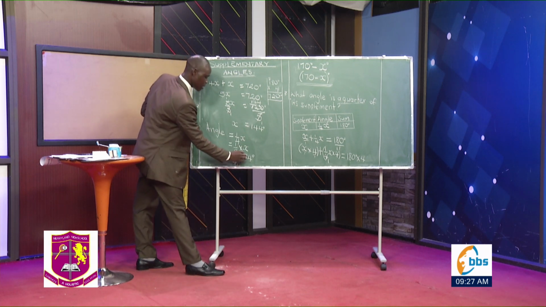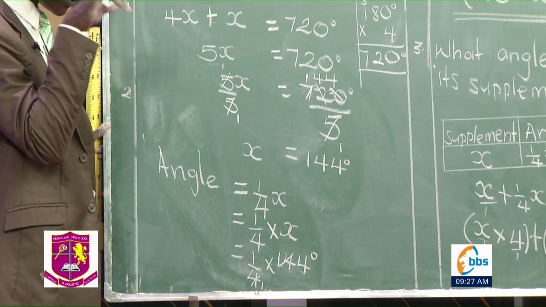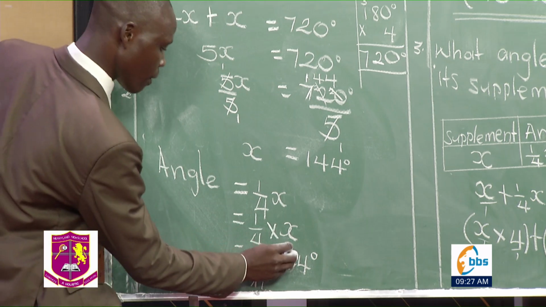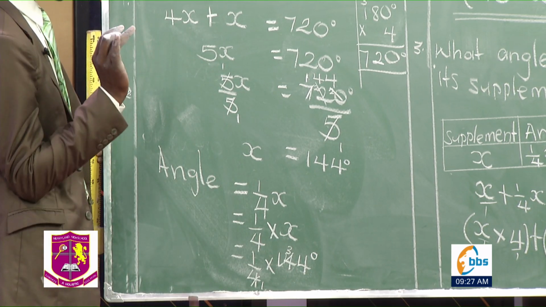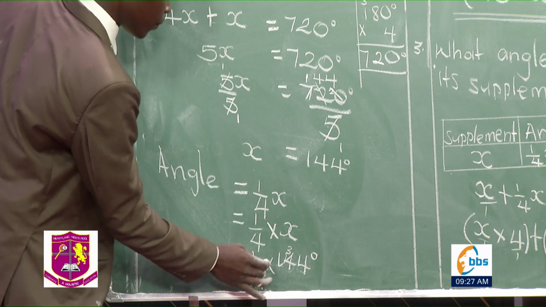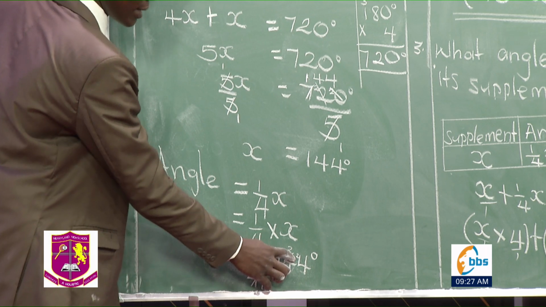By 4 once, by 4 here. 4 goes into 14 3 times. You remain with 2. Because 4 times 3 is 12. So you are left with the 2 to make 14. So this 2 is carried forward here.